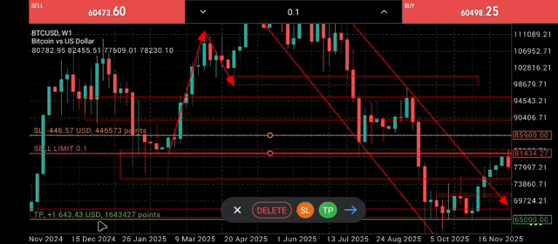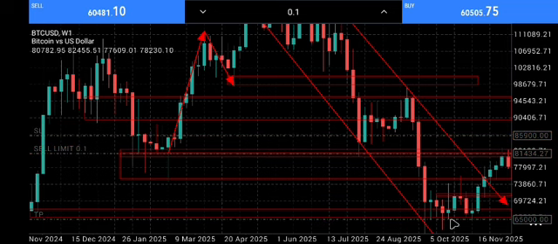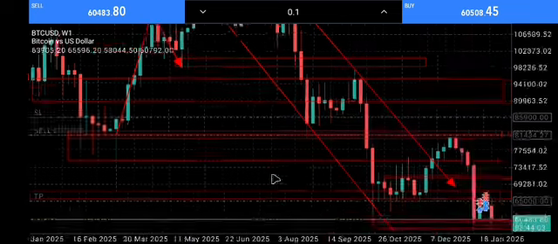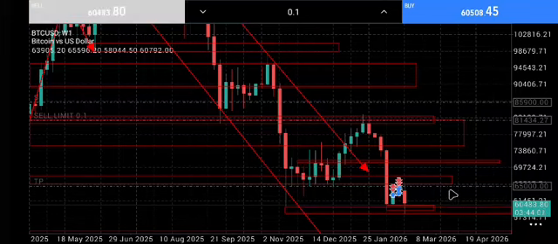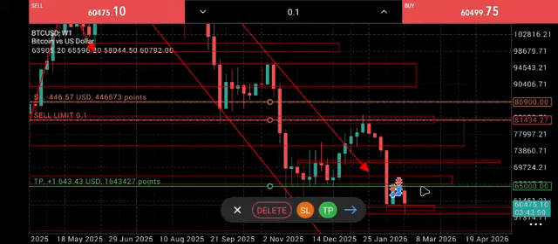Then also, if the price gets in this area, which is 65,000, this is my target. This is my target, this is my stop loss, and this is my pending order, which is a sell limit. That's how pending orders are set.